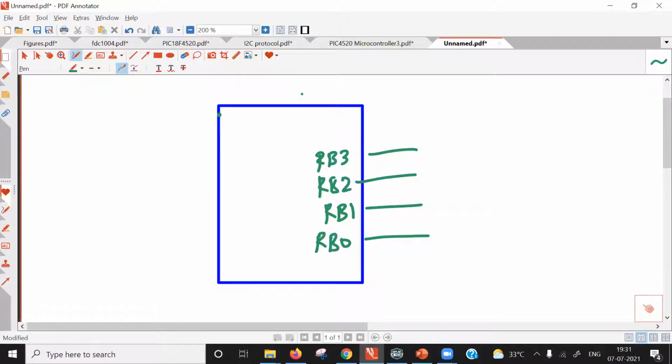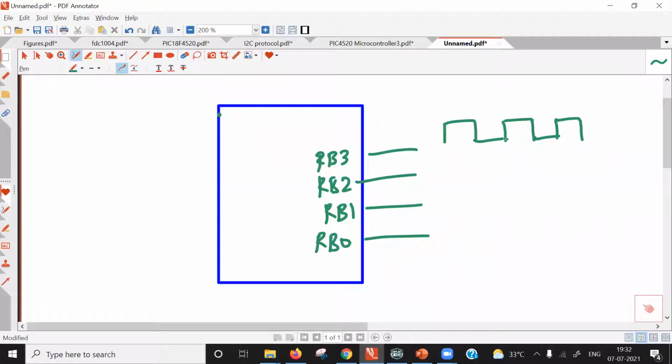So your TRIS bit must be 0 for these 4 pins. Your port must be an output port. Second thing, through program, write logic 1 on these port pins. Add delay. Then after that delay, write logic 0. Again, add delay. So what you will get here is a square wave. You can even control duty cycle. So duty cycle you can change, and you can also change frequency through program.